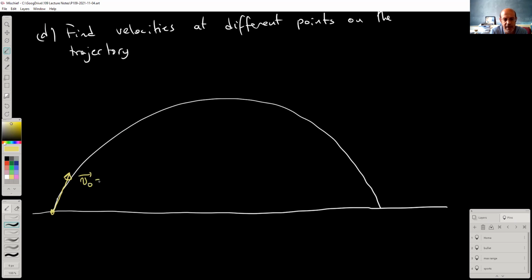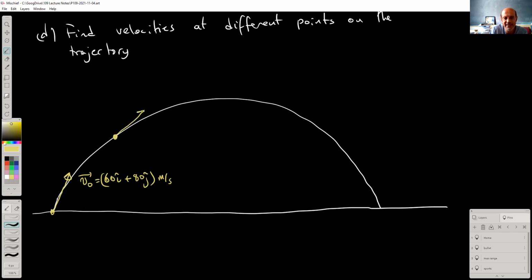V0 is equal to 60i plus 80j meters per second. So that's at a height of 140 meters above the ground level.